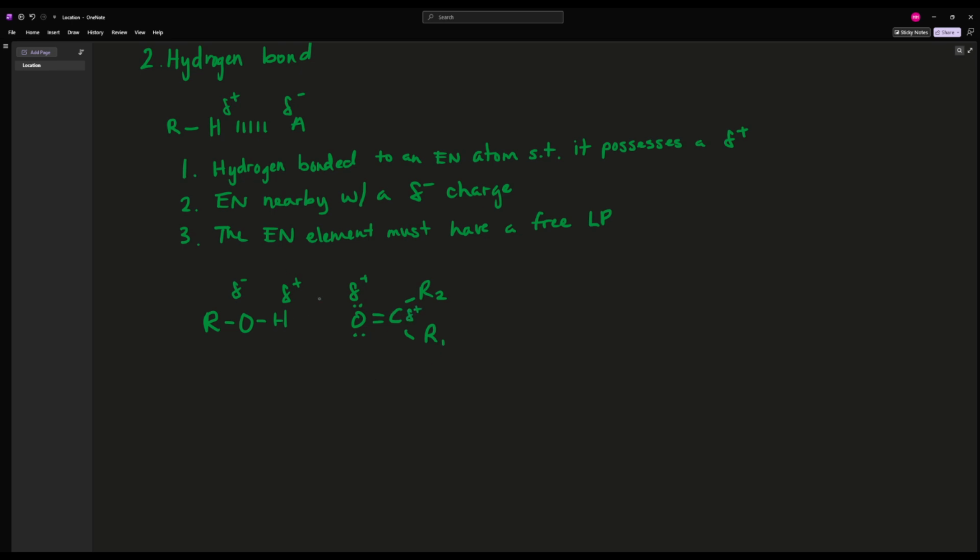What that means is this partial positive on the hydrogen forms an electrostatic interaction with the partial negative on the oxygen, specifically at these lone pairs. So if we wanted to be highly technical, we would move one of these lone pairs and put them here.